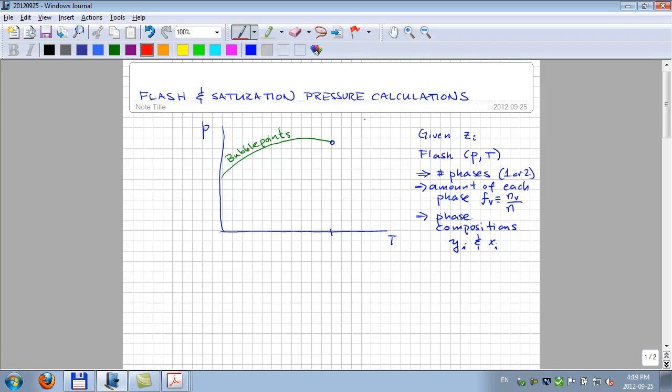And then at higher temperatures we get dew points. Again, this is the same composition, but we're changing temperature, and we're getting dew points out to somewhere around here, for example.